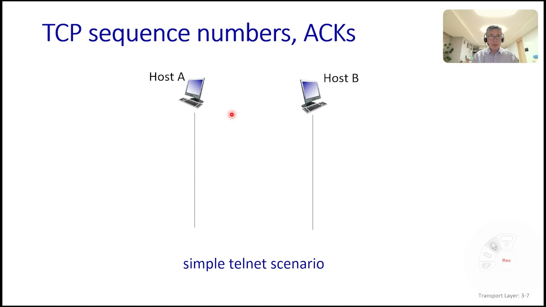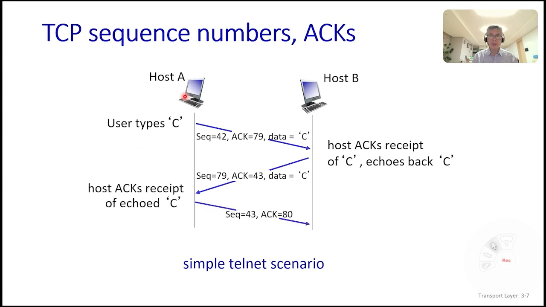Let's take a look at a simple telnet scenario. Telnet is used as a remote login service. Nowadays we use secure shell, SSH; in the past we used telnet. So you type C on your keyboard, and initially we randomly select the sequence number, such as 42.